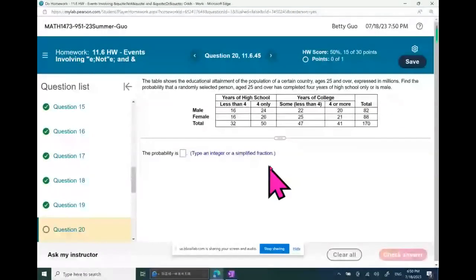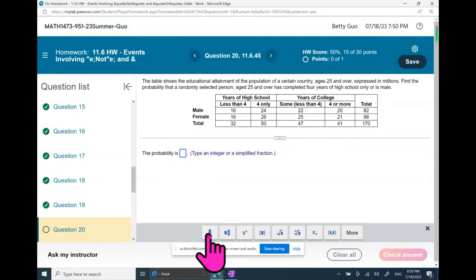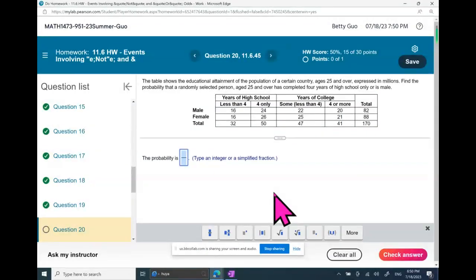It's also empirical. We are looking for has completed the 4 years of high school only or is male. Okay, let's finish this question as the last question. These two events, so we are looking for a probability of or.